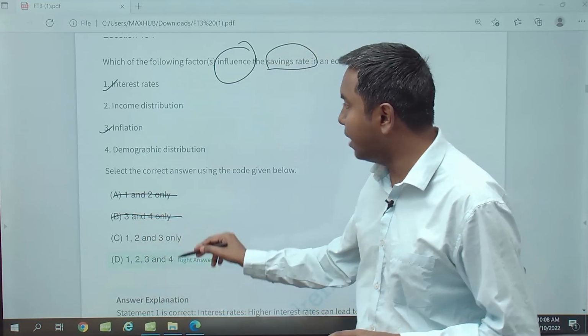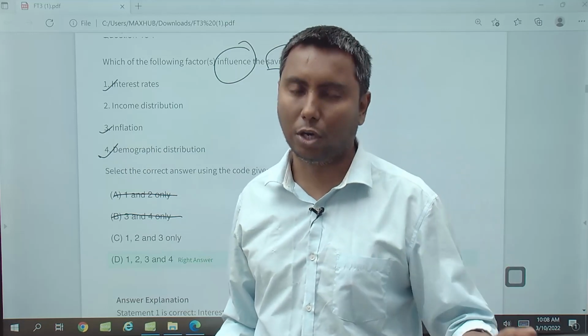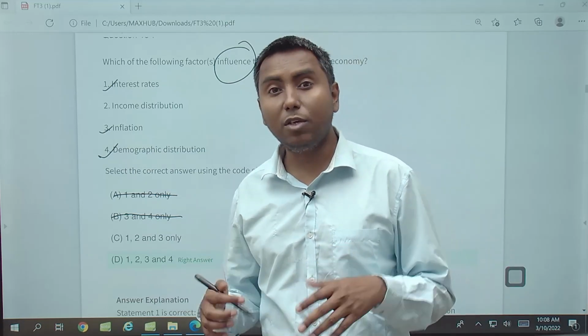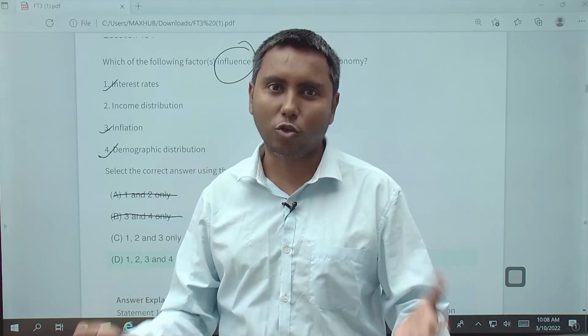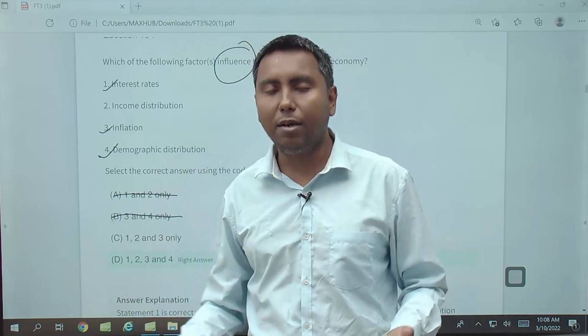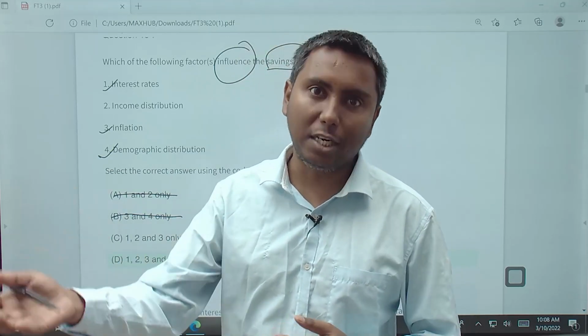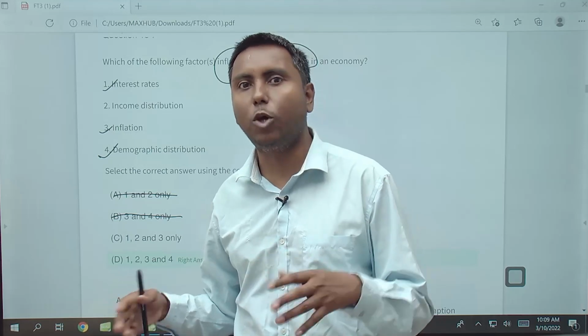So you have to decide, for 4, whether demographic distribution will have influence on saving rate or not. Okay. Research has said, and common sense also says, that if money comes to a relatively young population, then they will spend it more because they have so many responsibilities to fulfill.